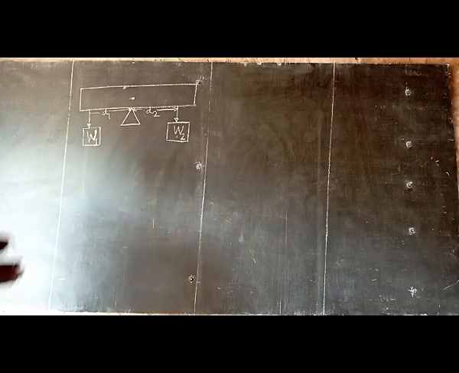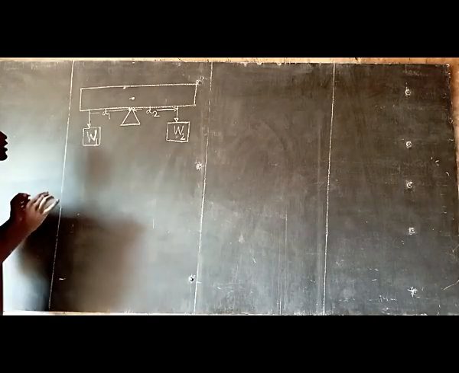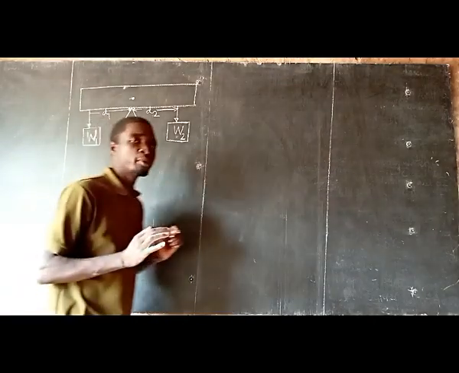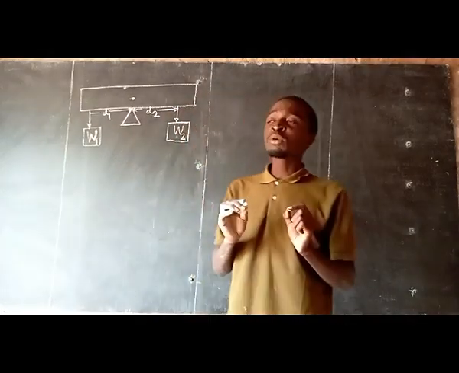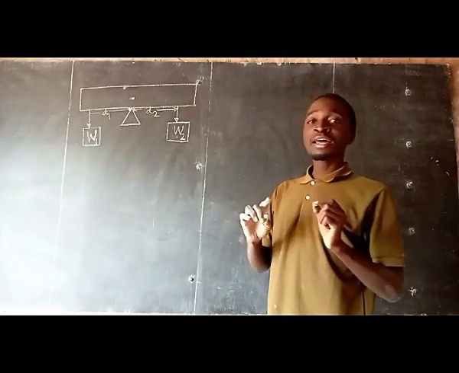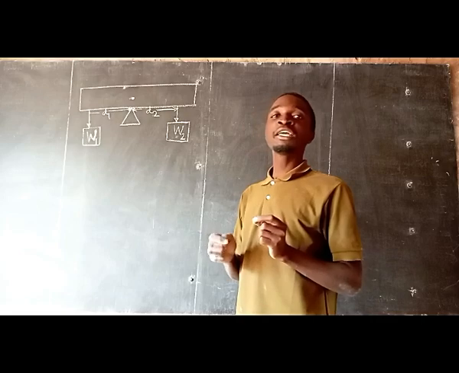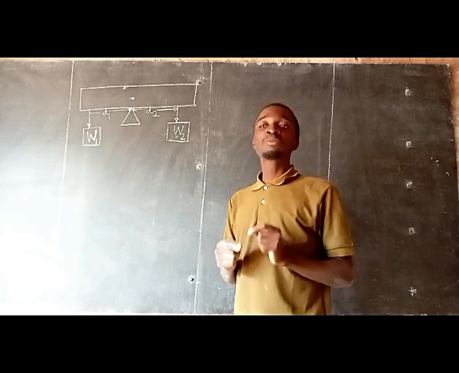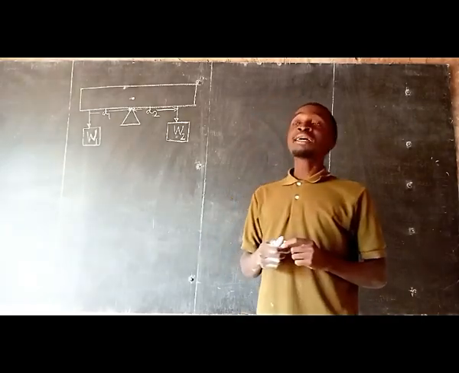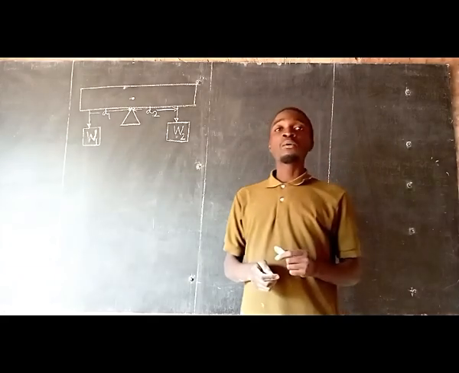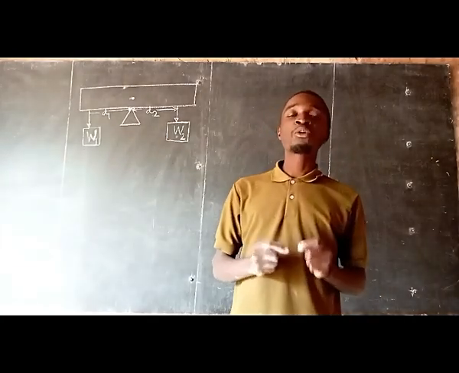Now, when we speak about clockwise moment, it is obtained when we take the force which moves in clockwise direction times its perpendicular distance to the turning point. How do we recognize the clockwise direction?